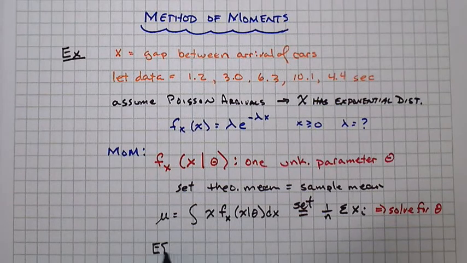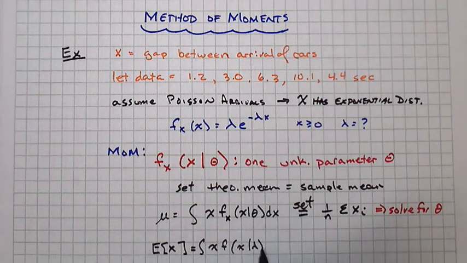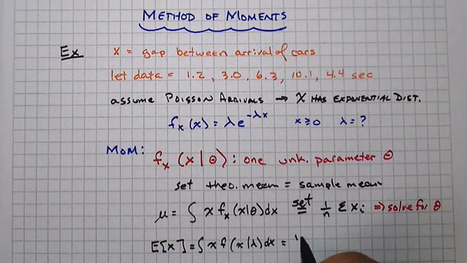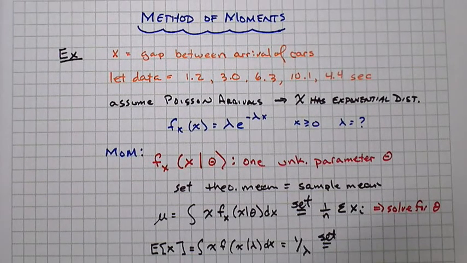And so our expected value of x here, when we integrate for our exponential case, we already know because we've done this work before. If you pull out your table of common distributions, our mean theoretically is 1 over lambda. And we're going to set that equal to our observed mean, our sample mean, right?